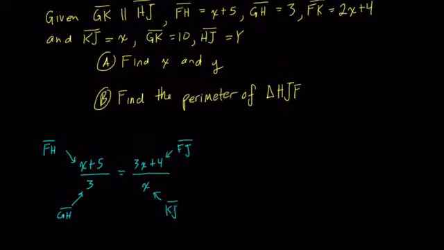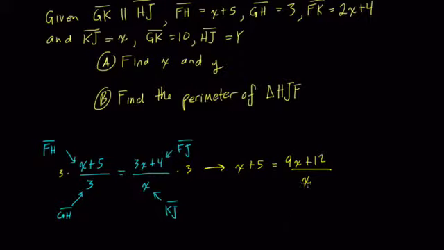Okay, so multiply both sides by 3. On the left-hand side, the 3's cancel out, so we have x plus 5 equals, I'll distribute it, 9x plus 12 over x.